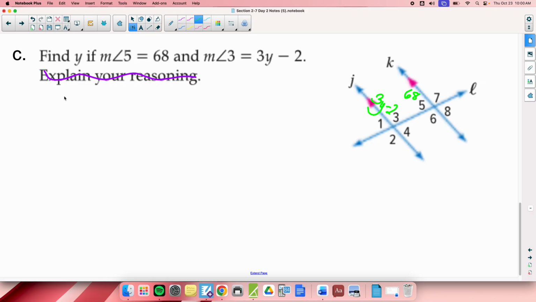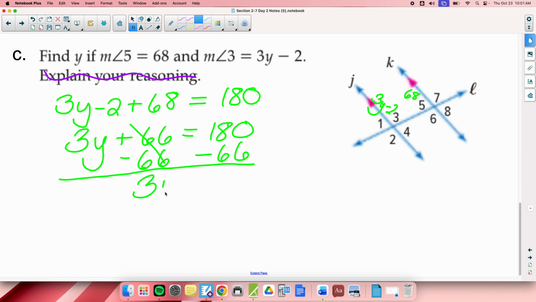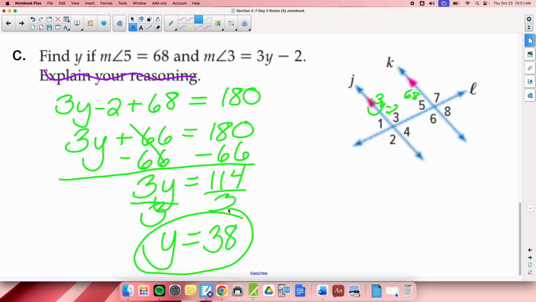So I'm gonna write this as 3y minus 2 plus 68 equals 180, okay? Then I have 3y plus 66 equals 180, and then what? Yep, get rid of this 66, and I would have 3y equals 114, divide by 3, 38, thank you. And that's our answer, okay?